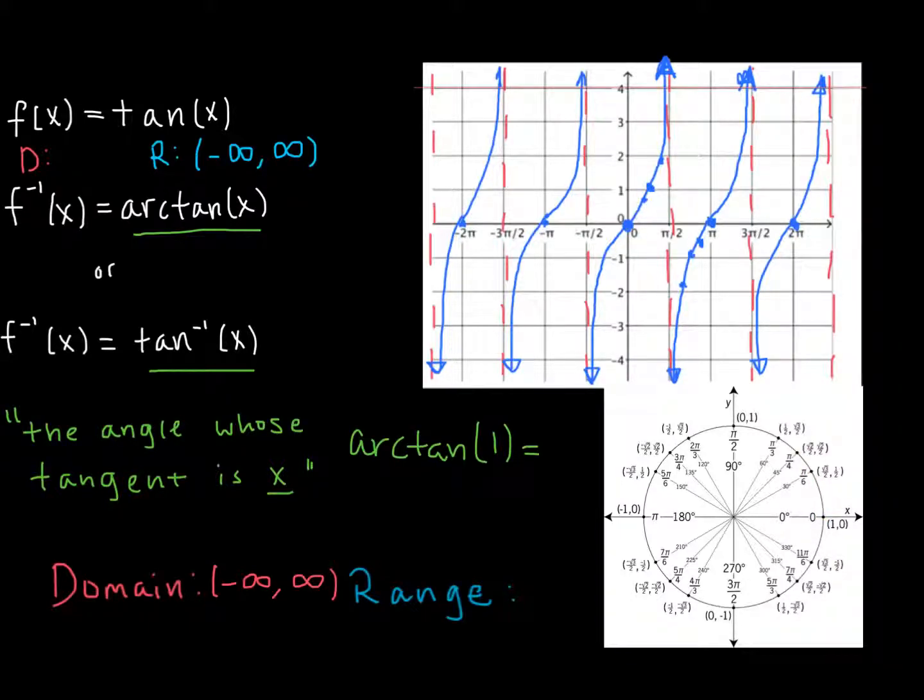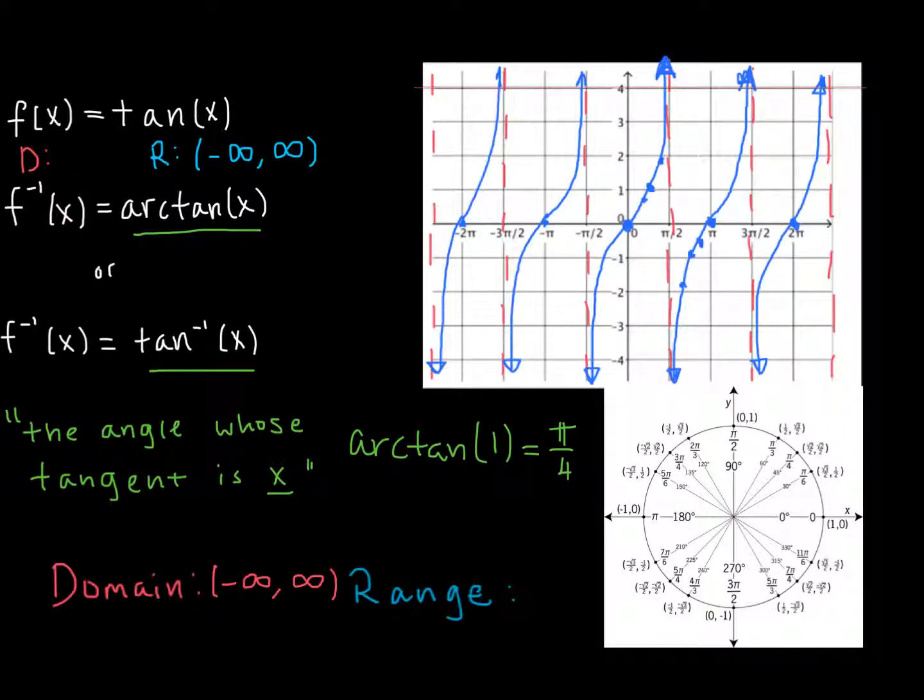We're looking for a terminal ray where the slope of that ray is 1, in other words, where the sine and the cosine are equivalent, and that happens at pi over 4. That should make sense, and it helps us get a grasp on one point we would plot for our inverse tangent function. When the input is 1, the output will be pi over 4.